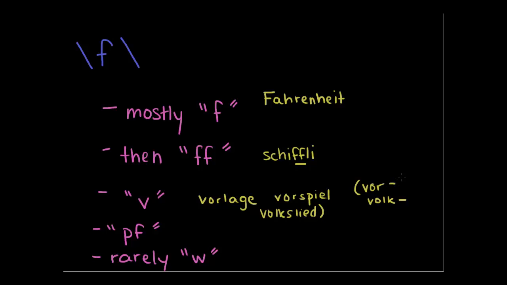Okay, so these two are the main roots, for and folk, that are going to have the V for the F sound. And really, there aren't that many German words, with the exception of these two roots, that have V for the F sound. So it's best to learn all the words with these two roots in them, where the V is representing the F sound, and then those are really the only words with V for F.